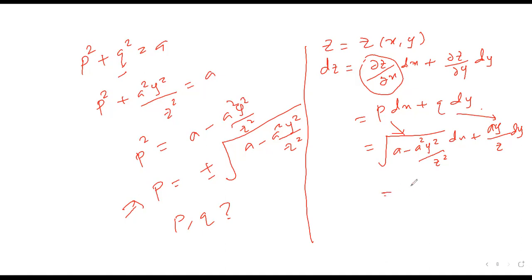If you take z squared as a common denominator inside the square root, it comes out as the square root of a z squared minus a squared y squared dx plus, with z as the common divider, z turns out of the square root. So I multiply this side, dz equals that; here also we have z, so no problem, ay dy.